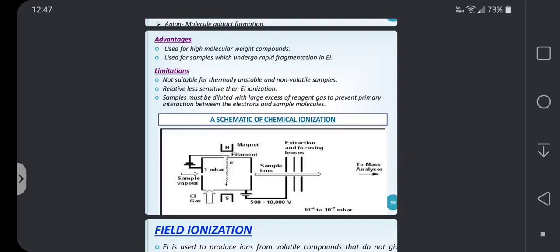A schematic diagram of chemical ionization is shown here, in which the sample vapor is injected, and inside the chamber it becomes a vapor. Inside the chamber, the vapor is present, to which the reagent gas is added, and there is a filament.